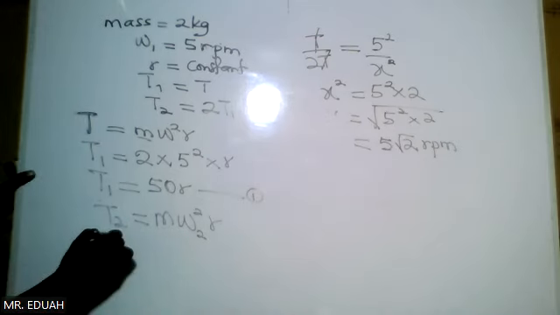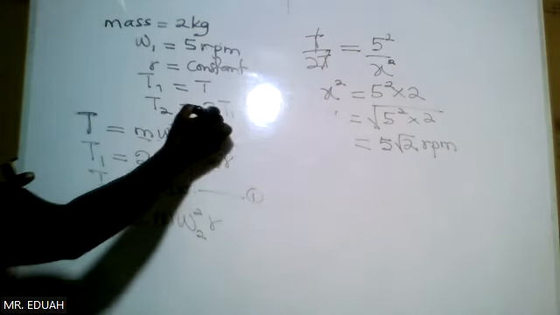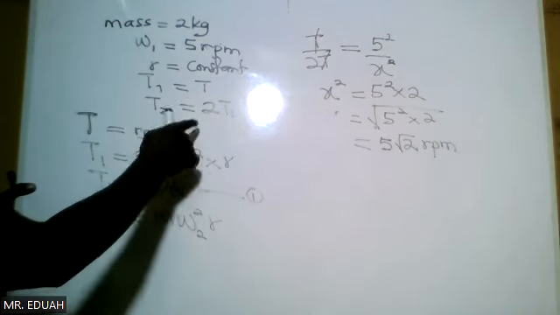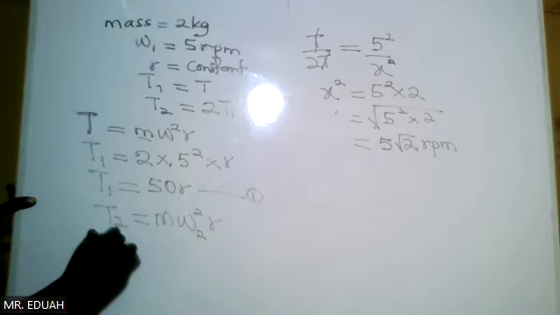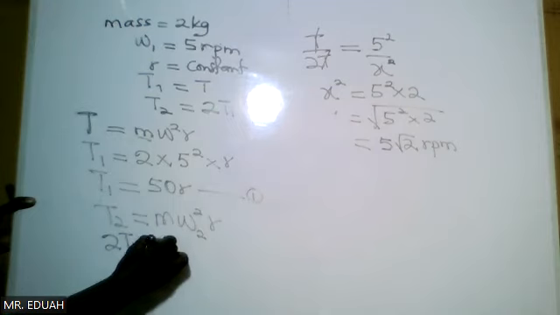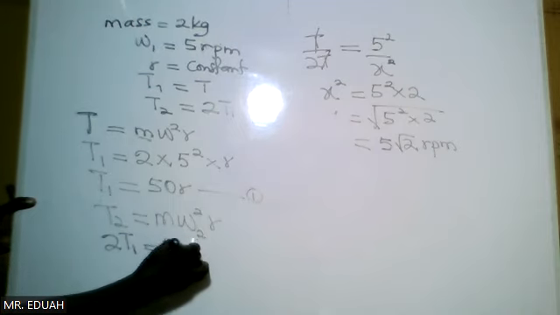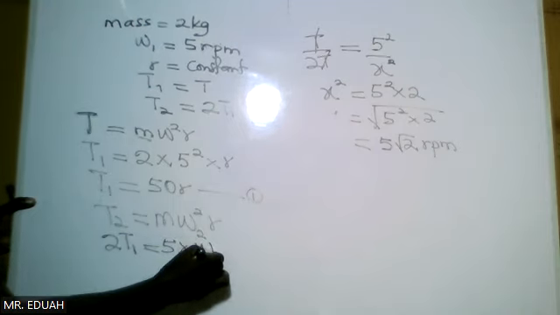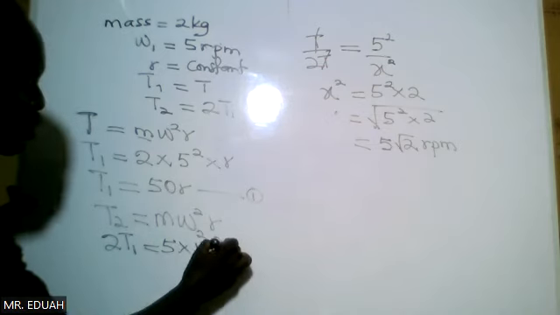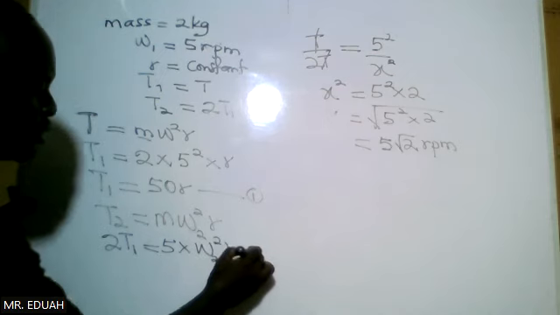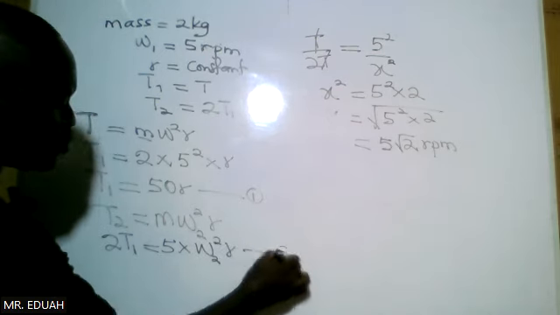In T2, the tension is 2 times the first situation. So 2 times T1 will be T2, which is equal to mass is constant, but we don't know omega 2 when you double the tension. R is also constant. So this is equation 2.